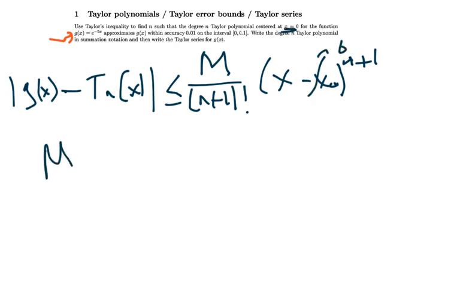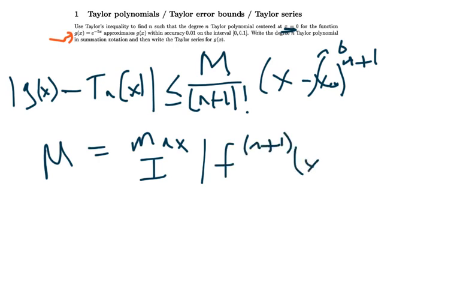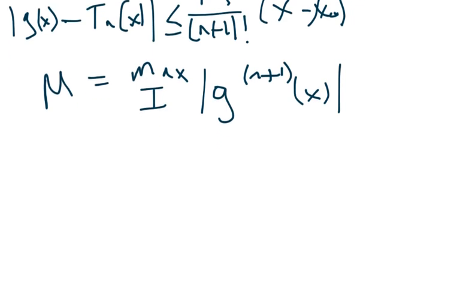And what is M? Well, M is the maximum on our interval I of the n plus first derivative of g. Sorry, we're using g here. So what is I?